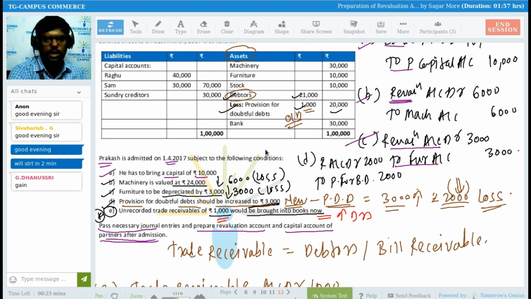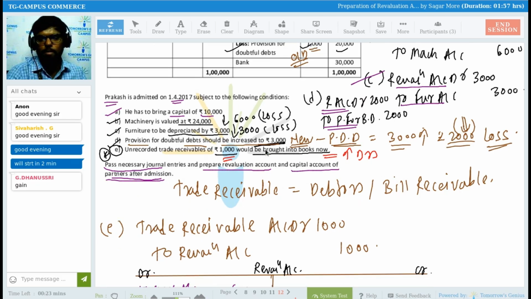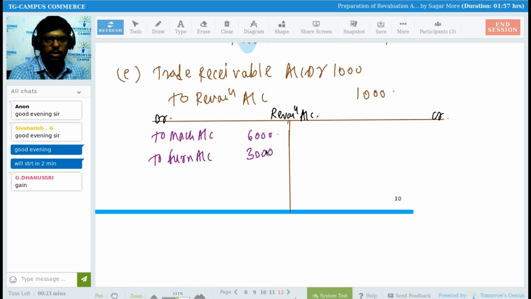In D entry, again revaluation account is debited to provision for bad and doubtful debt. So again I need to write on the debit side, to provision for bad debt, and the amount is 2,000 rupees.